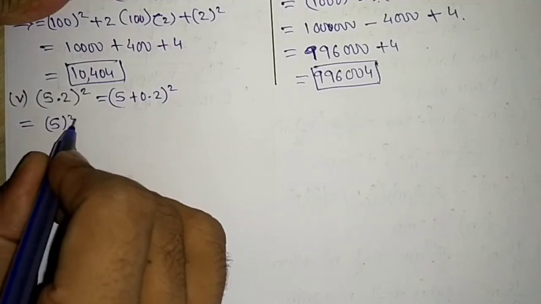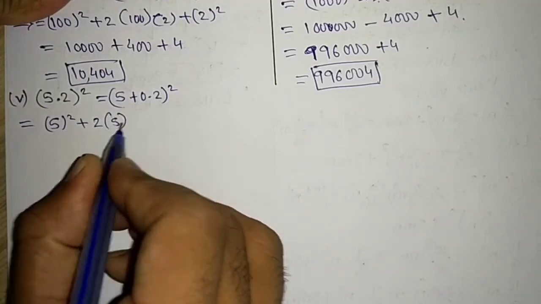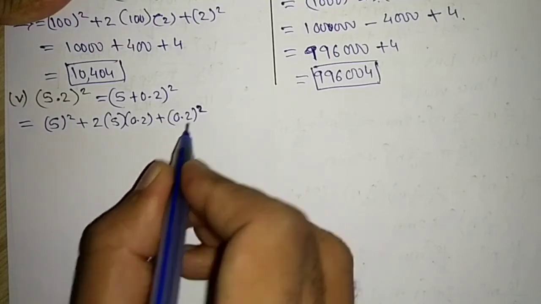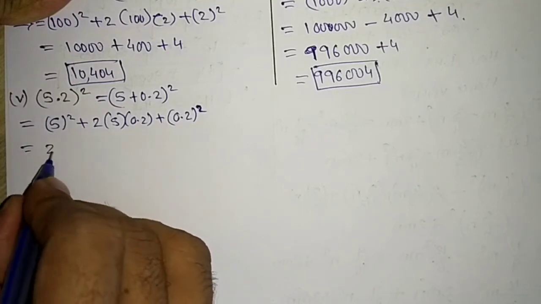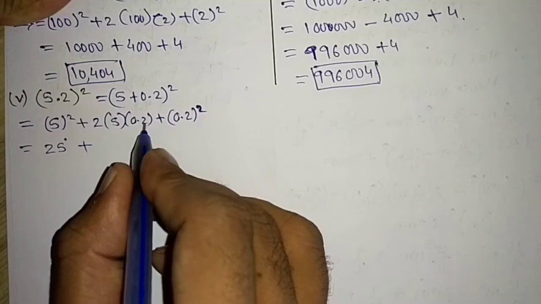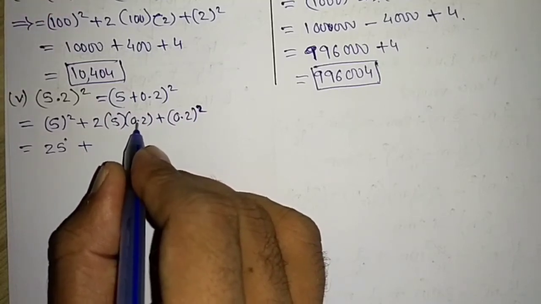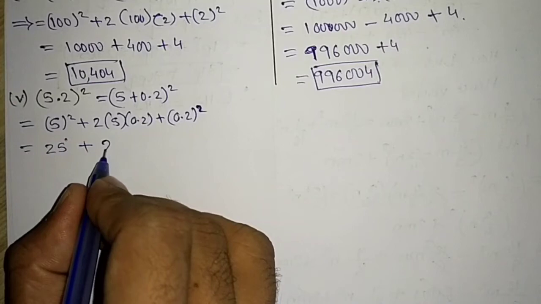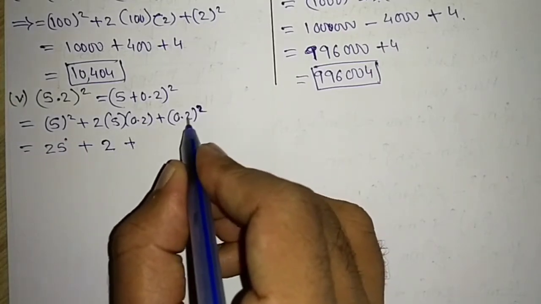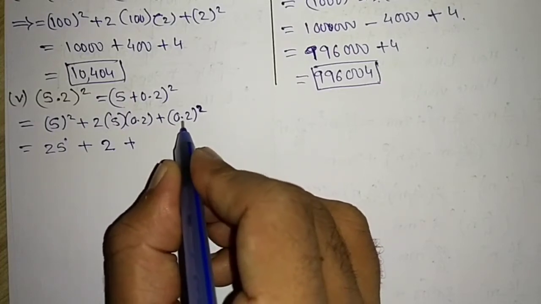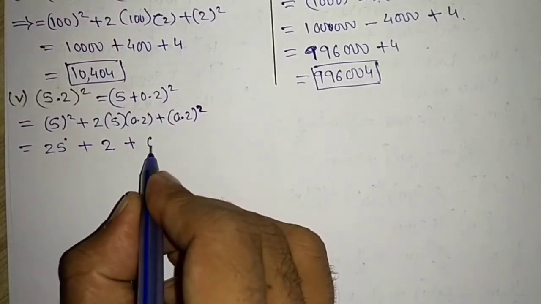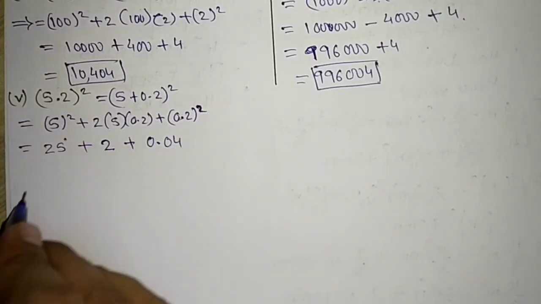So a square plus 2 into a into b plus b square. 5 5s are 25, 5 2s are 10, 10 2s are 20, but the point is there, so I will get only 2 because 2.0 will give me only 2, and 2 2s will be 4, but the 2 points which I have removed, I have to return back, so I will get 0.04.